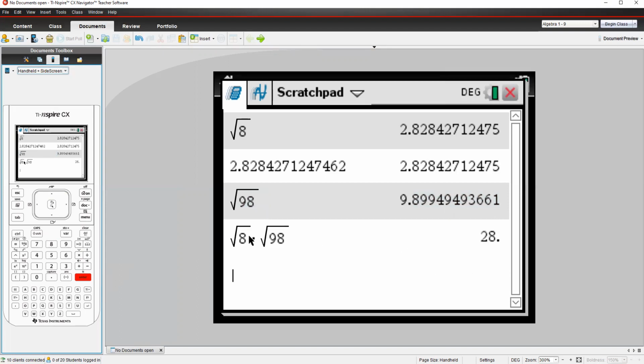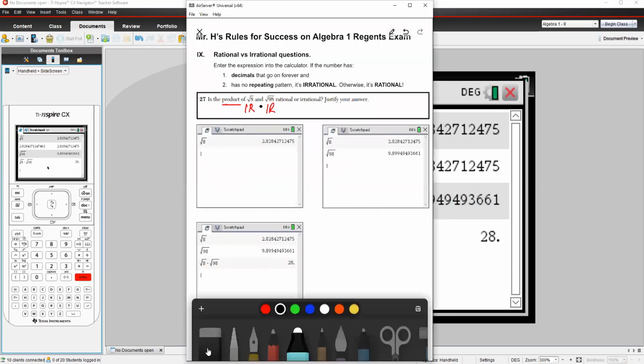So the square root of 8 times the square root of 98 is equal to 28. There's no decimals here. It's just an integer. Because it doesn't have decimals that go on forever, and there's no repeating pattern, you would say that this number is rational.